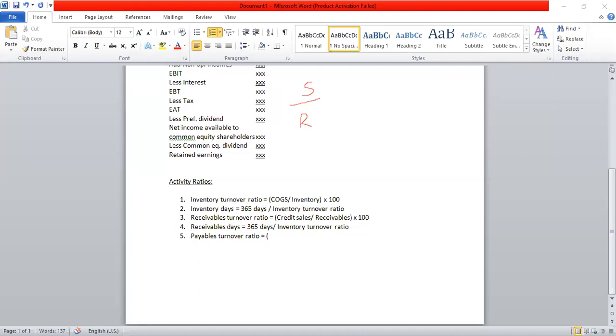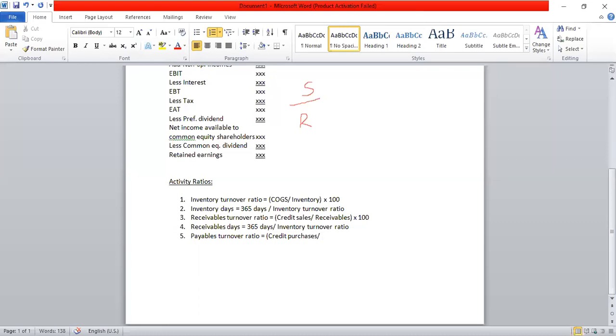So can you give me the equation? Credit purchases divided by payables, into 100. This time the activity is related to purchases.